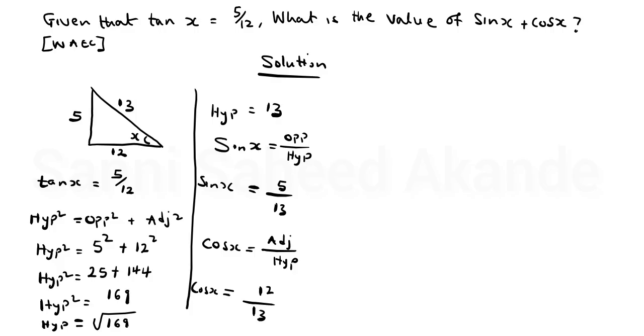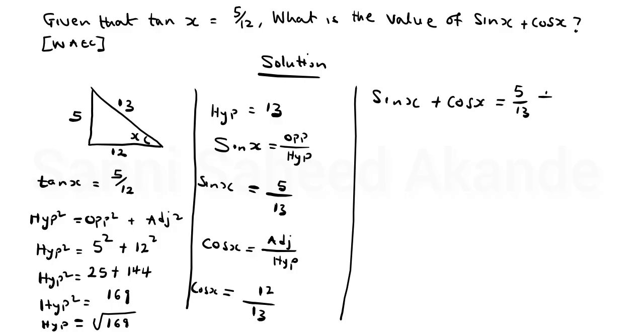Now let's go ahead and find the value of sine x plus cos x. So sine x plus cos x will be equal to, what is sine x? Sine x is calculated to be 5 over 13, plus cos x, which is calculated to be 12 over 13.